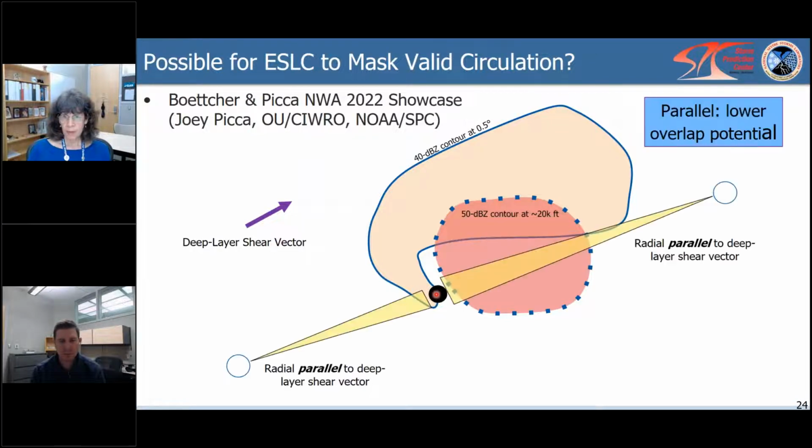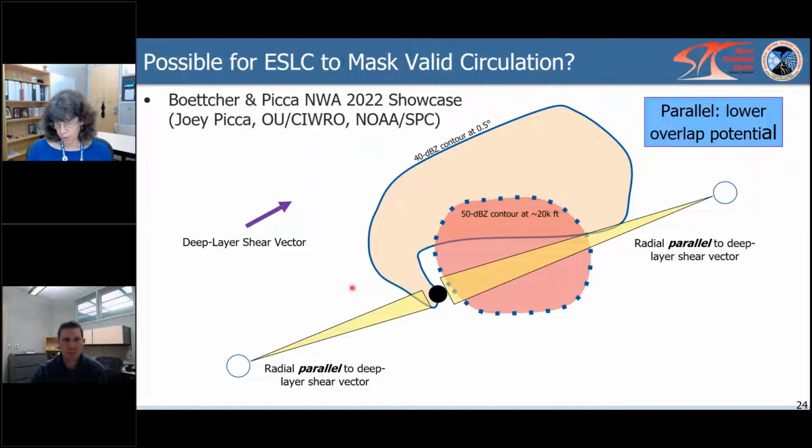Okay. Let's bring in the radar orientation with respect to this supercell. In this case, we've got two radars looking at this storm, and what matters here is that the radial is roughly parallel to this deep layer shear vector.